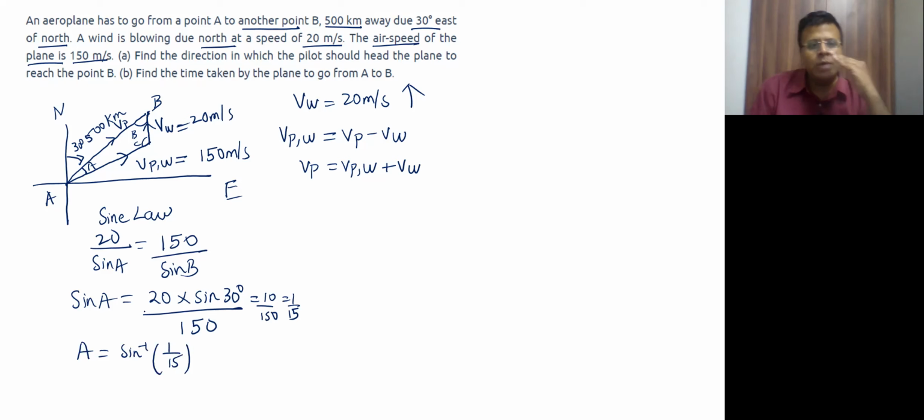So you have to head in a direction making an angle of sine inverse of 1 by 15 towards the eastern direction. Okay, from the actual direction, sine inverse 1 by 15 on the eastern side you have to fly. That's basically the first part of the answer. Okay, and this will be around 3.82 degree if you use your logbook and calculate it.